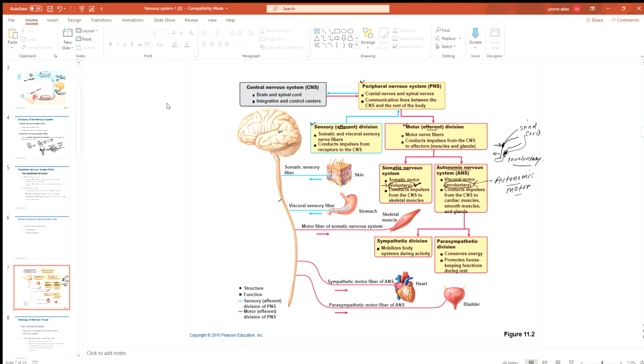Now, autonomic or involuntary is further divided into sympathetic and parasympathetic.